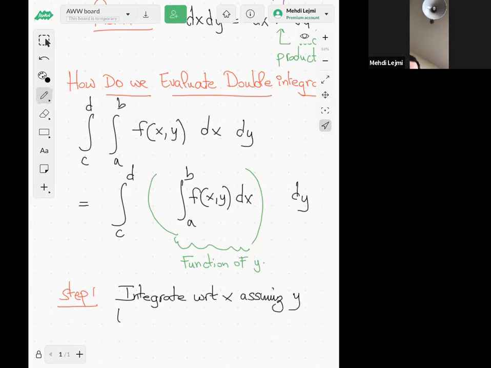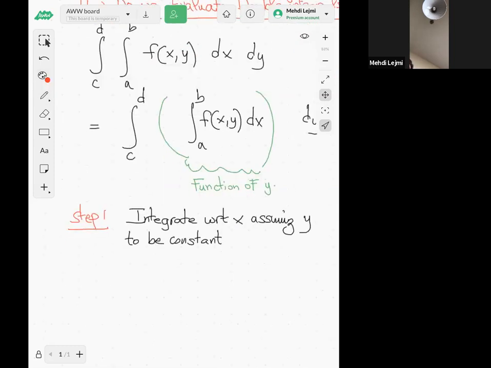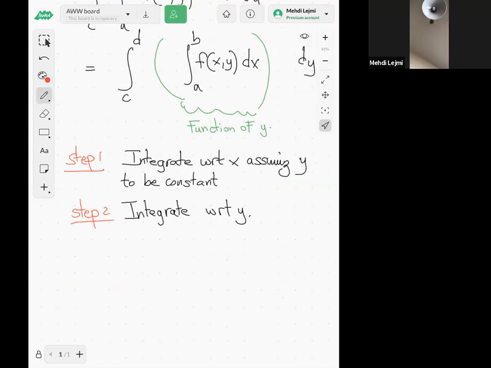All right, and then we integrate with respect to y. So step 2, we integrate with respect to y. All right, so let me just give you an example, and then I'm going to give you an exercise.